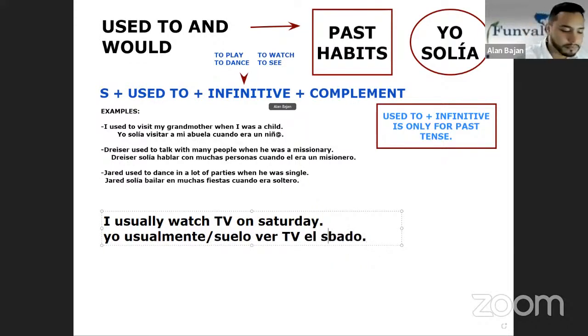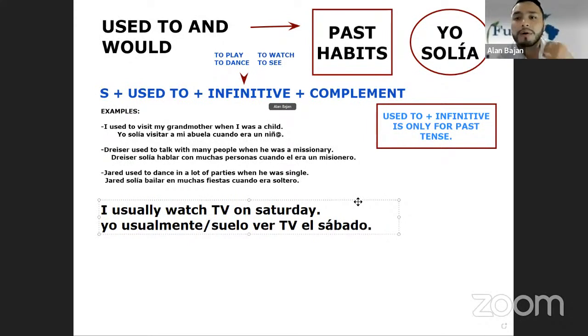If you want to say "yo suelo ver TV el sábado," I say, I usually watch TV on Saturday. I can't say used to in present tense. Is that clear? Do you understand that?